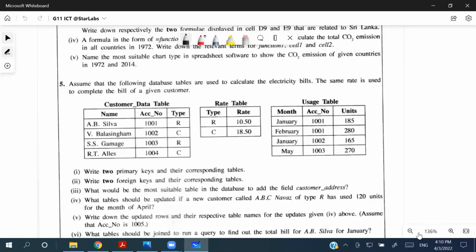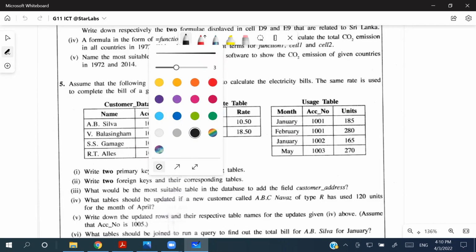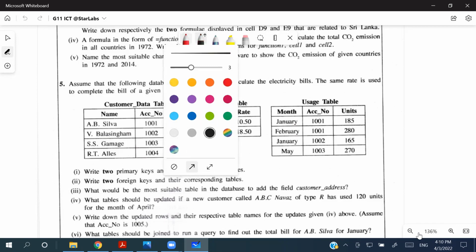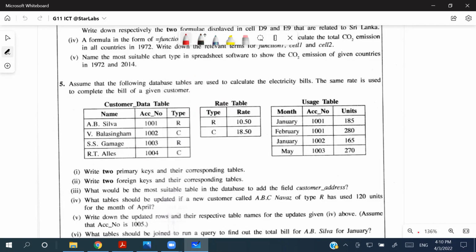So let me take this in the red color. The two primary keys and their corresponding tables. What we can easily say is we can take account number as the primary key of the customer data table, and we can take the type for the rate table.